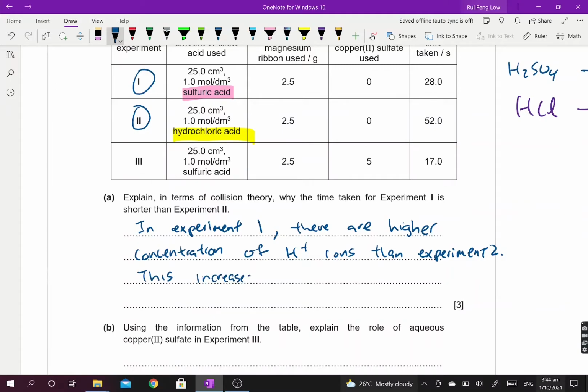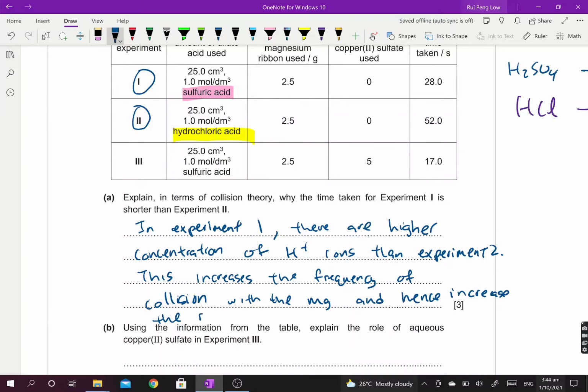This increases the frequency of collision with the magnesium, and hence increases the rate of reaction.